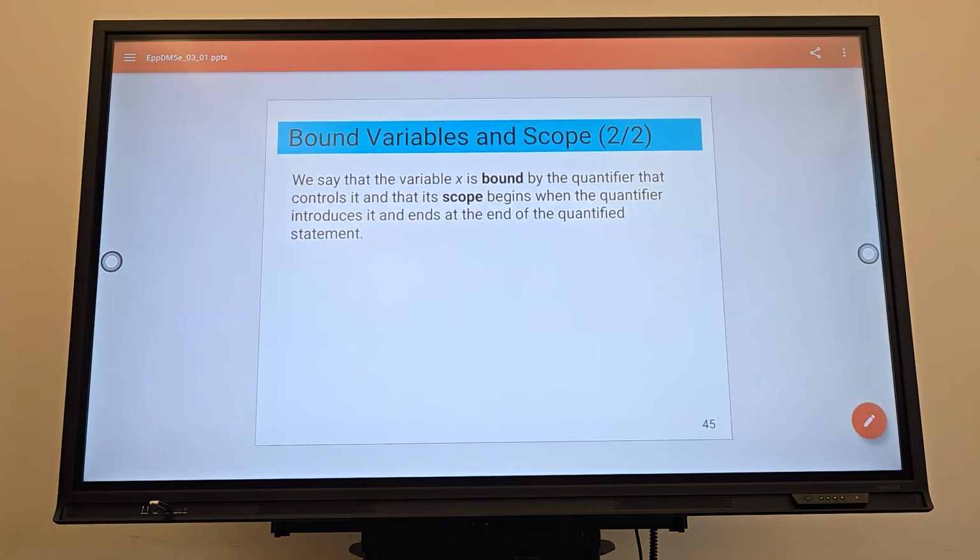So we say that the variable x is bound by the quantifier that controls it, and its scope begins when the quantifier introduces it and ends at the end of the quantified statement. So you can confuse people by using x in multiple places in a complex structure, in different scopes at different places.